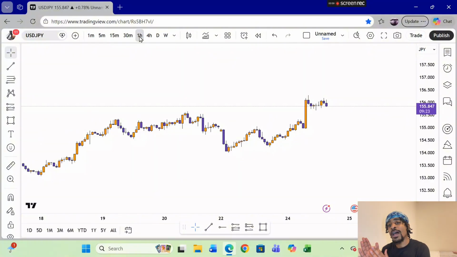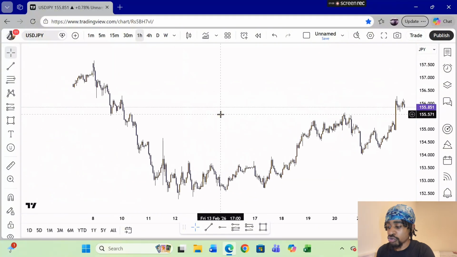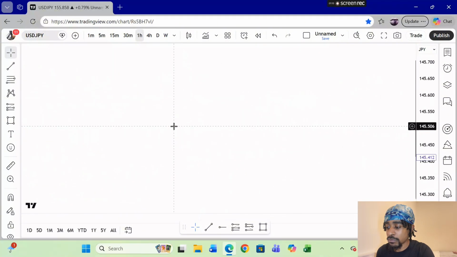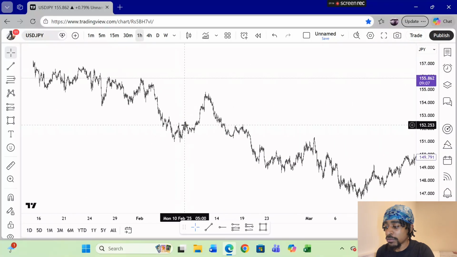It's not too high, it's not too low. I feel like we can get a lot of good examples on this time frame. So for market structure, I'm going to go to a random point in time, scroll way back and stop, and I'm going to show you guys on the chart.